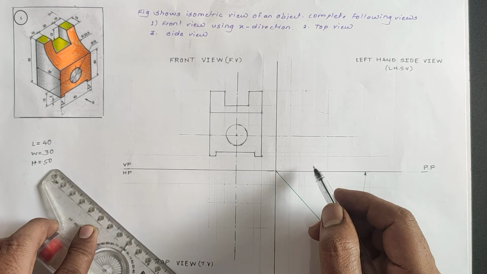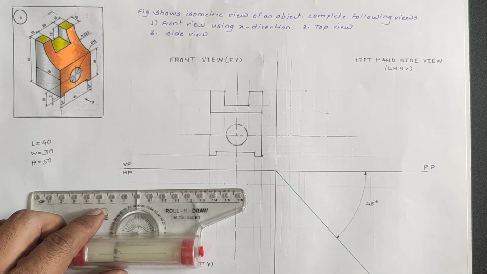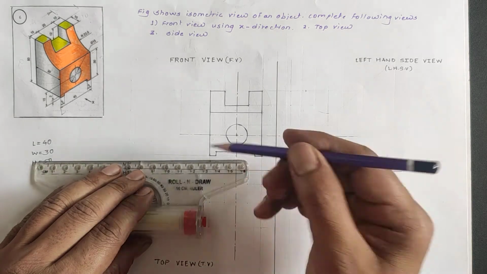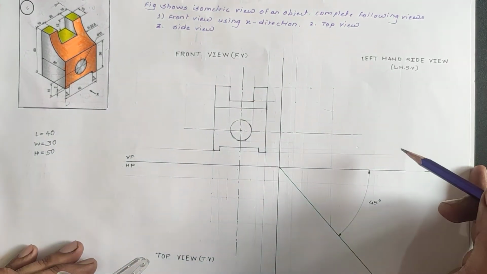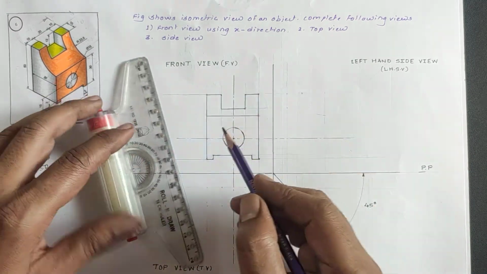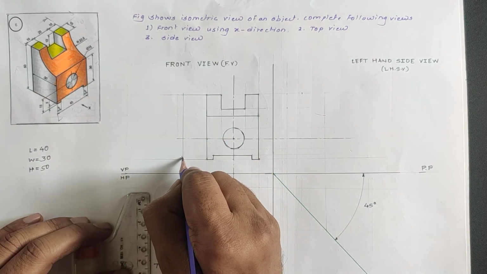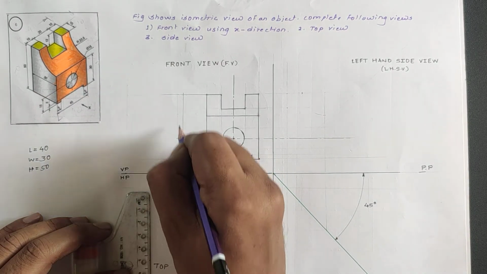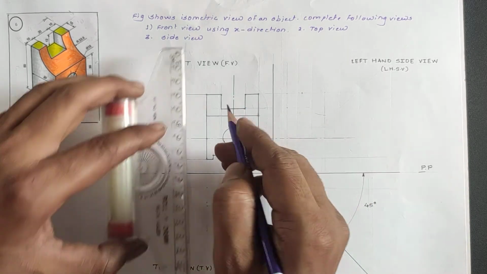Okay, so this is the front view. Give some dimensions. Use faint lines for extension, and mention here the total height of the object, 50 mm.